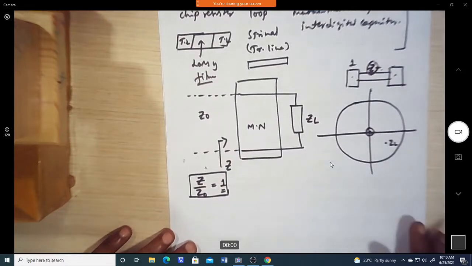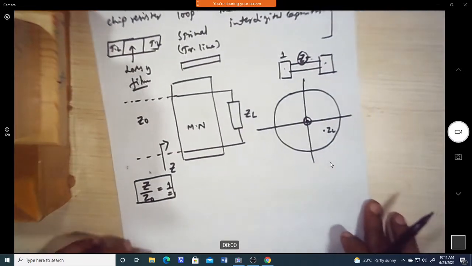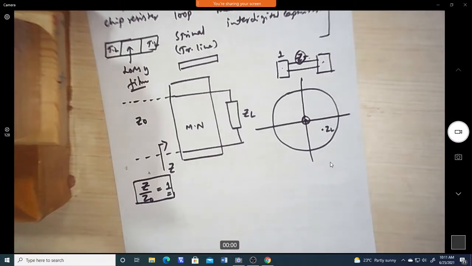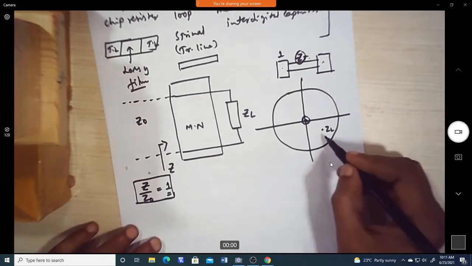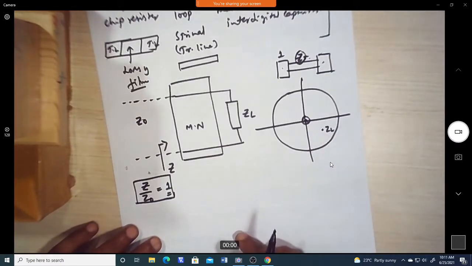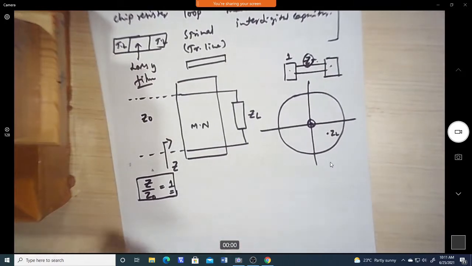Okay. So now we will come to the lumped element matching, where, based on the location of the load, we will have different solutions.